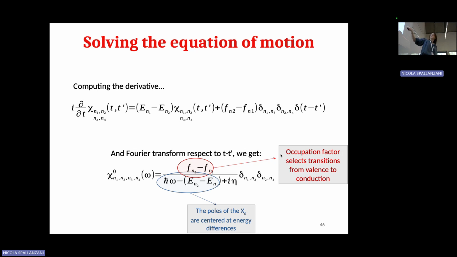At the denominator, we have the poles of this K0 centered at the energy differences, and at the numerator, we have the differences of the occupations, and this occupation factor selects transitions from valence to conduction bands.